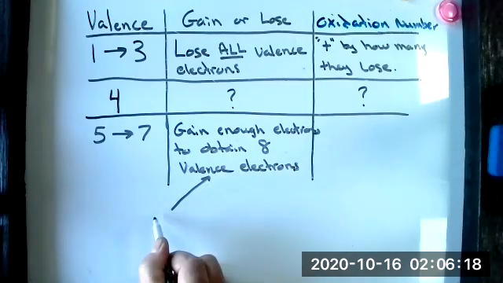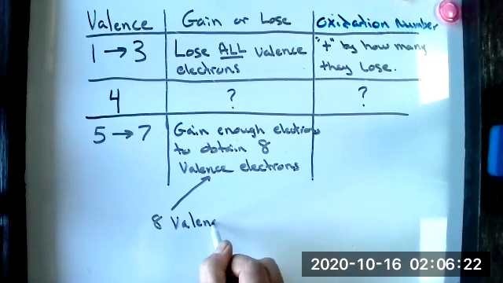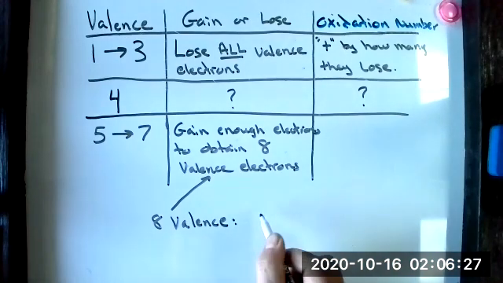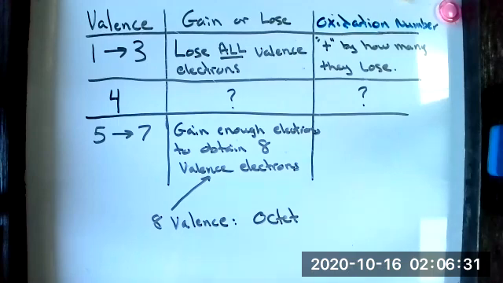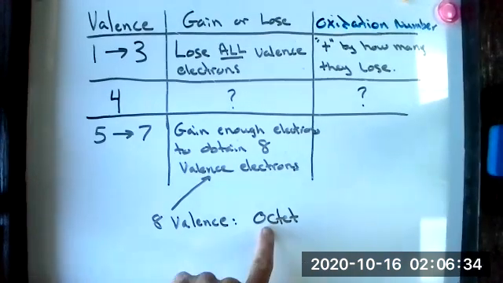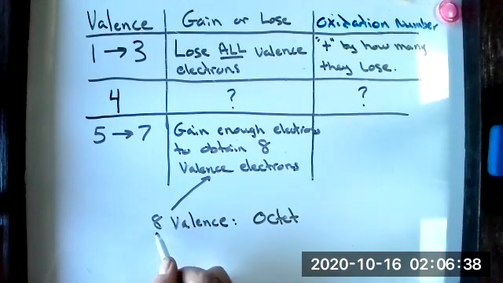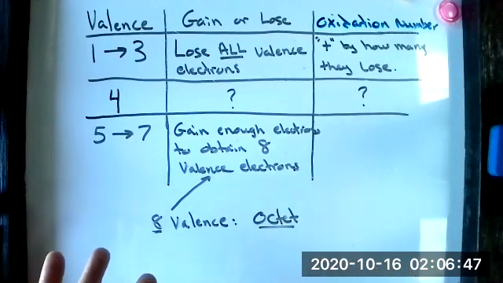Now, this so-called 8 valence, they will actually use a different word. They will use octet. Again, that's going to come up later in a later topic. And some of you already know that the name for 8 is octet. That's where they get it from. Because scientists back then, they were heavily into music, and so they tried to apply music to the atomic world to see how they behave.